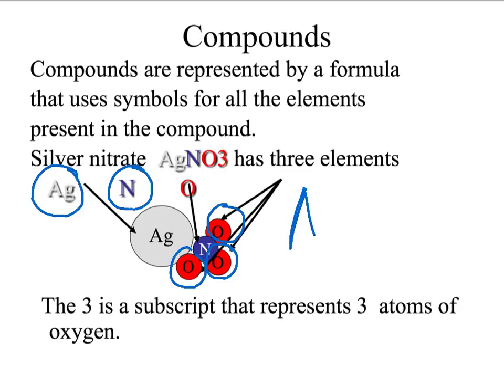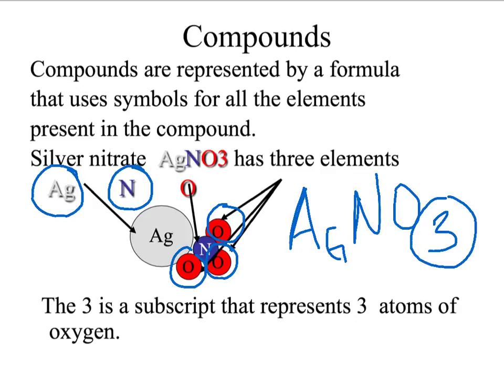So it would be AgNO3, is how that would be written. And that 3 right there tells you that there's 3 oxygen atoms. Anytime you see a subscript, which would be a number down here at the bottom, that's telling you how many there are, the total atoms. Now if there's no number, that just means 1.